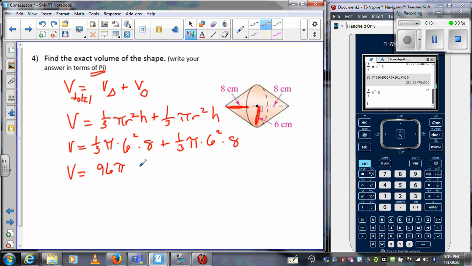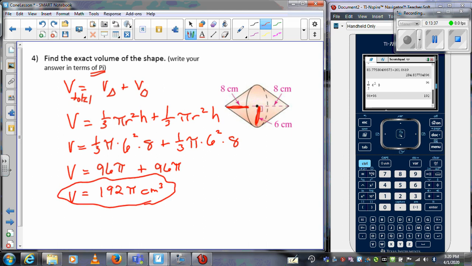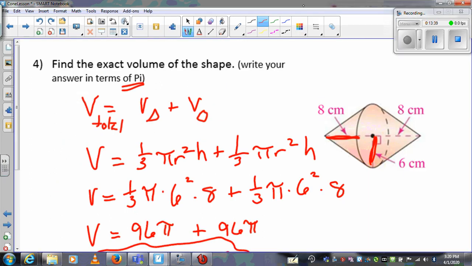And since this one's the same thing, this is also going to be 96 pi. Now because they both have a pi symbol on there, all I have to do is just add 96 plus 96. And that's 192 pi. And we're going to say these are cubic centimeters. Okay, here's our final answer.